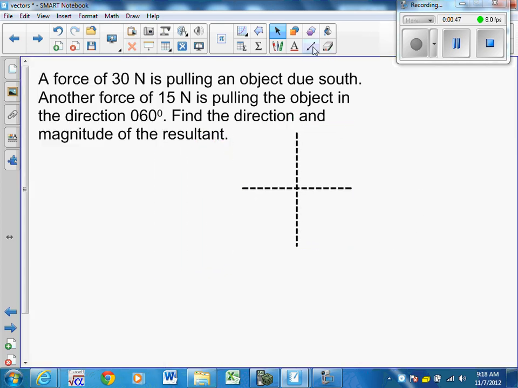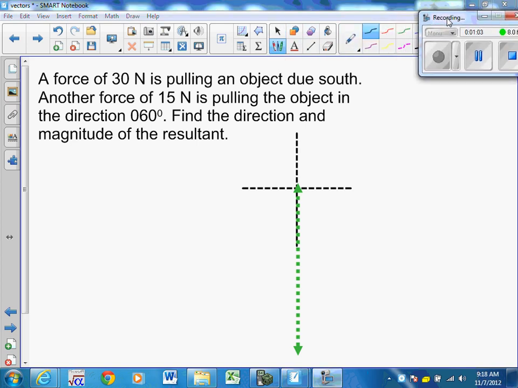So let's start off with our first vector, due south, 30. There is our first vector.